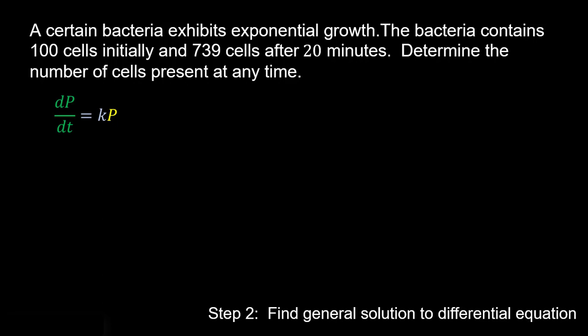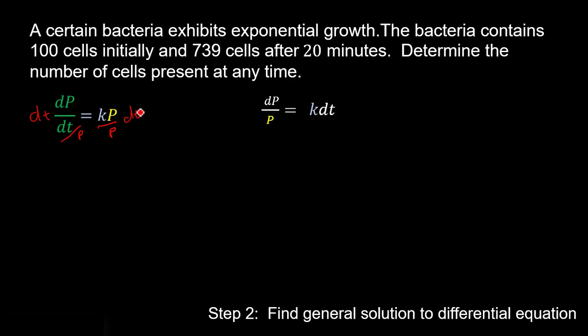But first thing we want to do is get all of our p variables on this left side and get our t variables on the right. So what we can do is divide both sides by p and multiply both sides by dt. And doing that, we get dp over p equals k dt.